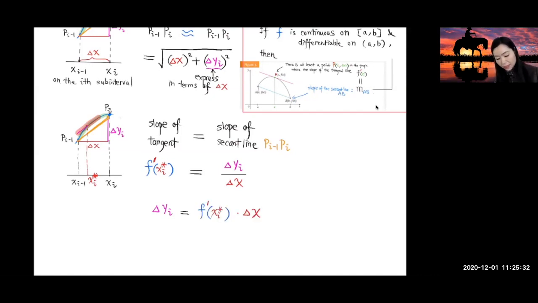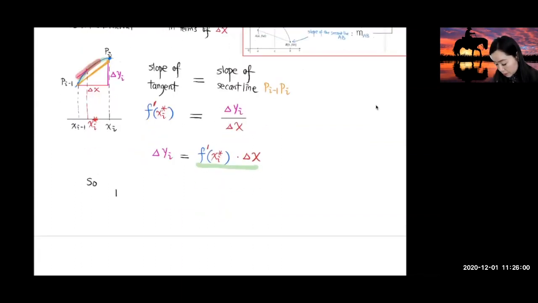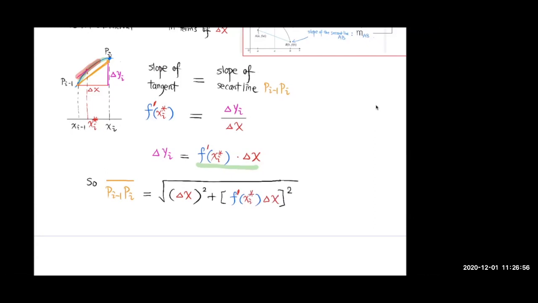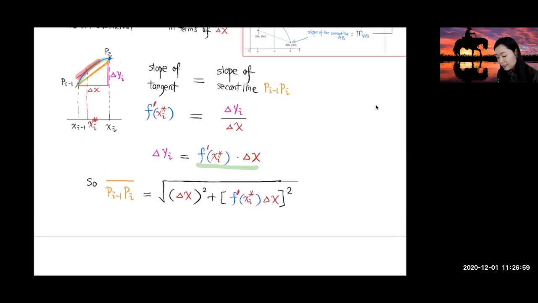So P_{i-1} P_i, this nice segment over here, is equal to the square root of delta x squared plus the square of this delta y_i, which we already found out is f prime of x_i star times delta x. That's the length, right?